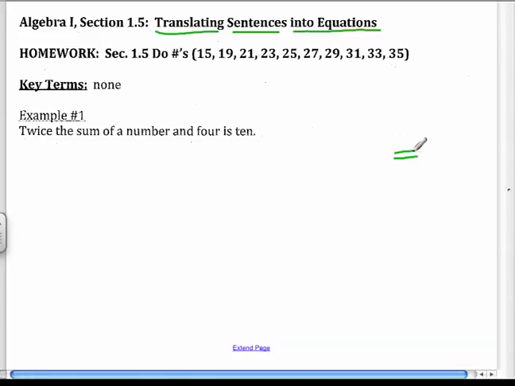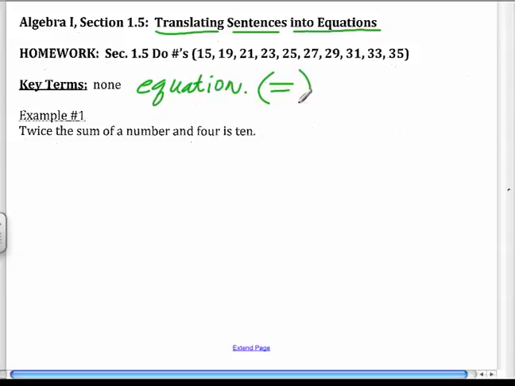Now, not necessarily any key terms this time, but, yeah, I guess there is a little bit. Equation. An equation always has an equal sign. Period. We can only solve something that has an equal sign.